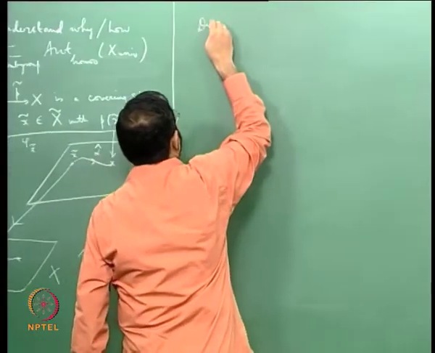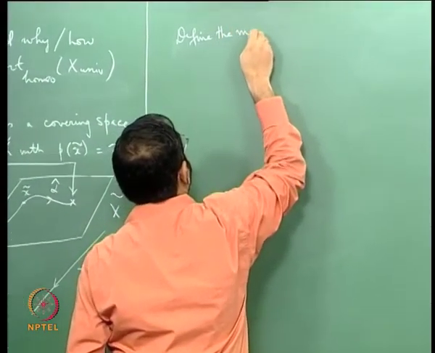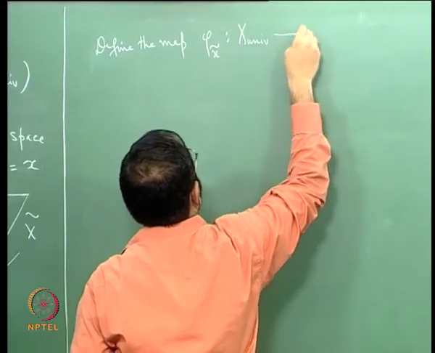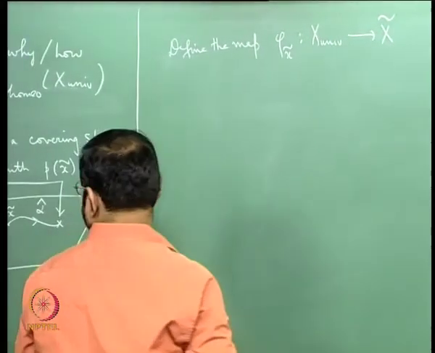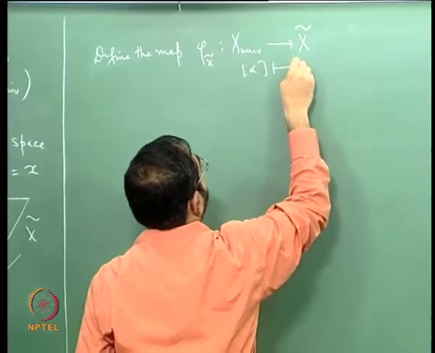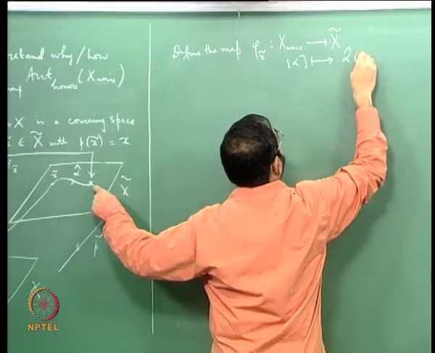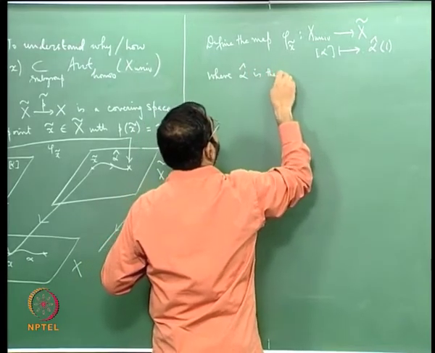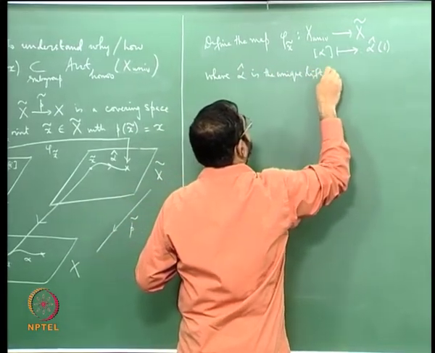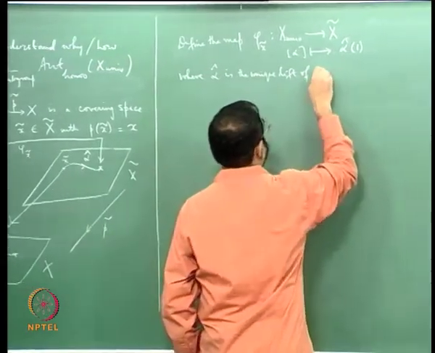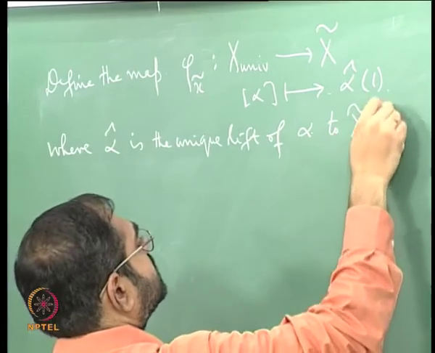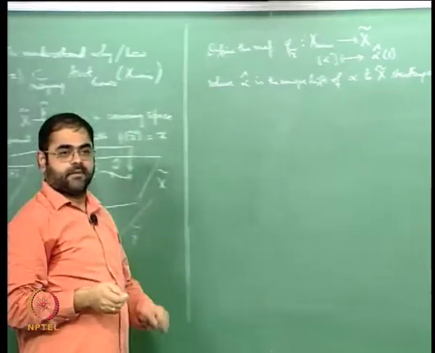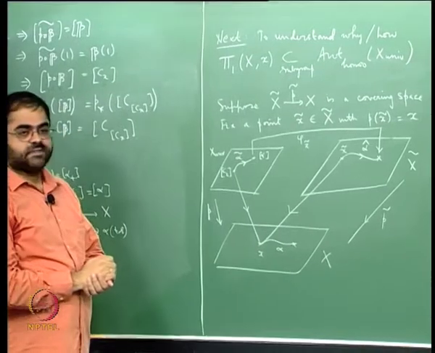Define the map phi sub x tilde from x sub univ to x tilde by sending alpha to alpha hat of 1, where alpha hat is the unique lift of alpha to x tilde starting at small x tilde, okay. So this is my map, right.